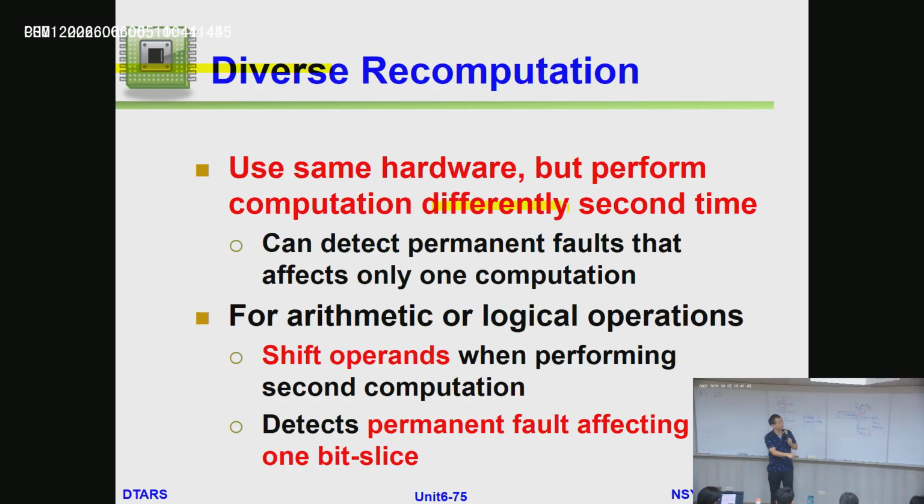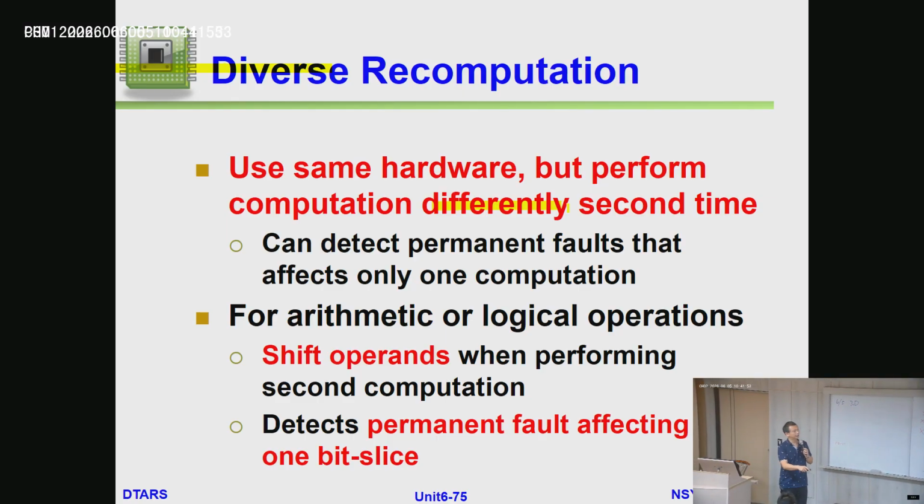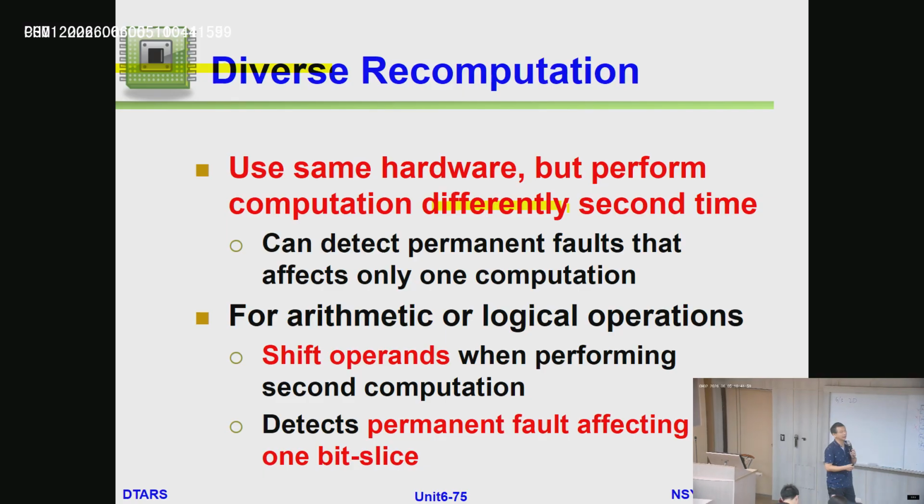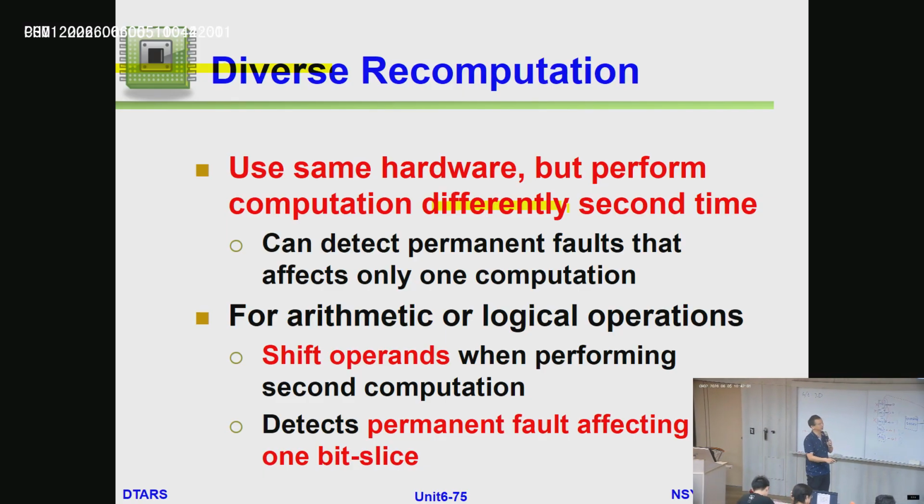If we do that, then it is possible to detect permanent faults. I just want you to know that it is possible to make our time redundancy method detect permanent faults, but we need to do the recomputation differently.